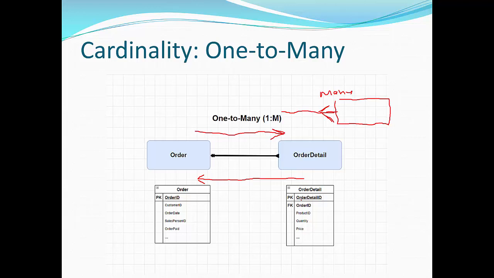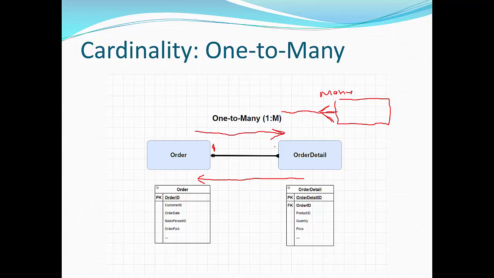Now, that's the detail of the order. So that's exactly what we are saying here. In this business, we are told that one order, so we put one here, one order contains more than one order detail.